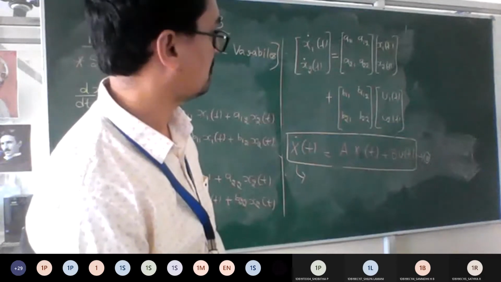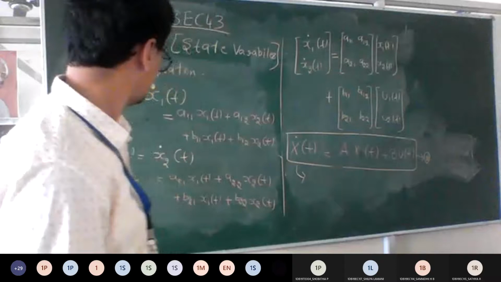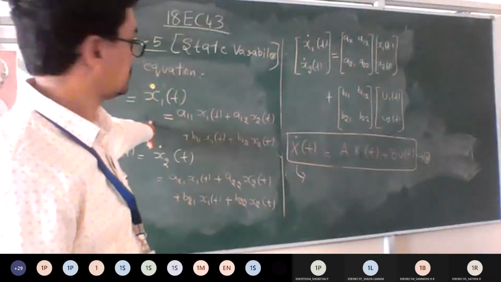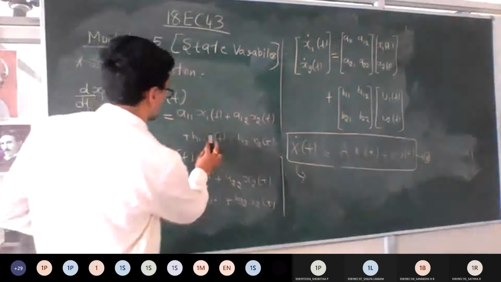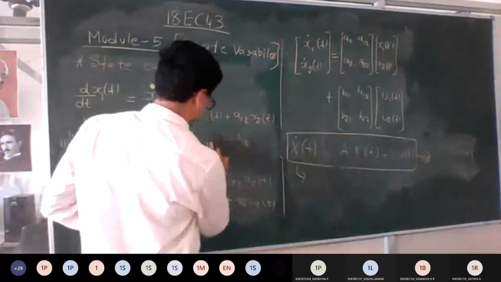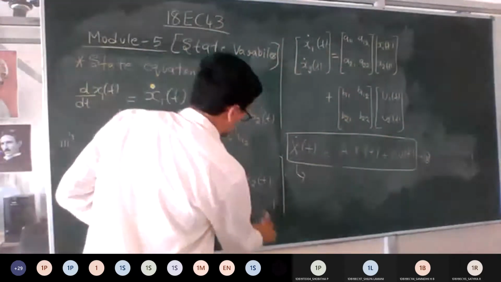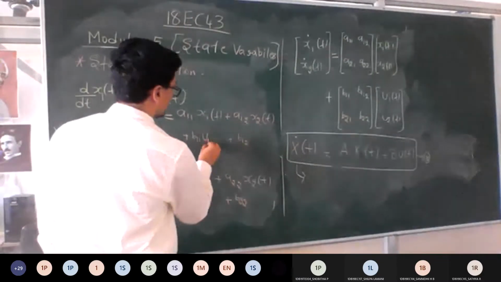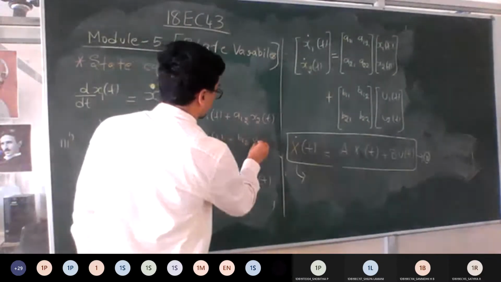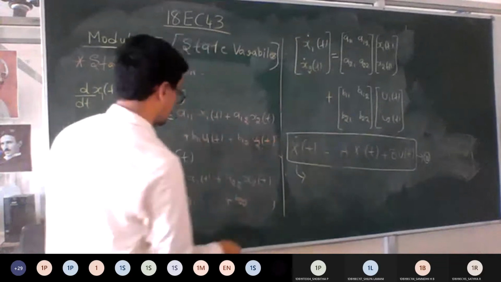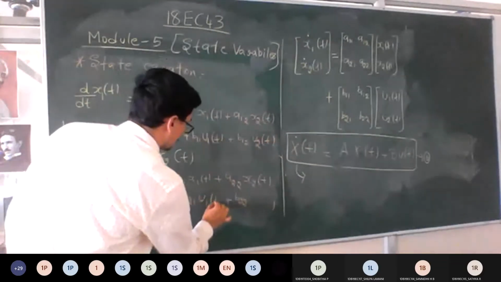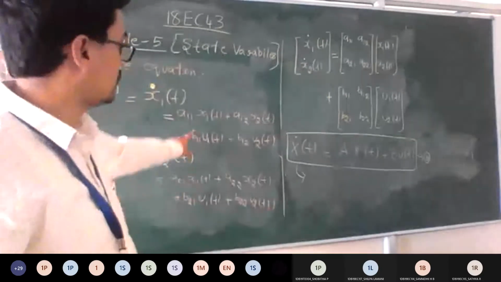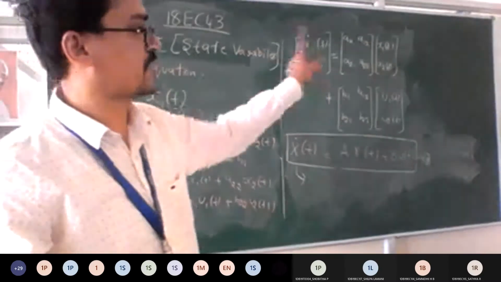Yeah, sorry, this one, right? Yes, sir. I've taken the same thing, just change it. Correct this. So it's b11 u1 of t, b12 u2 of t. Similarly here also u1 of t, u2 of t. Thank you. So now both coefficients are represented there.